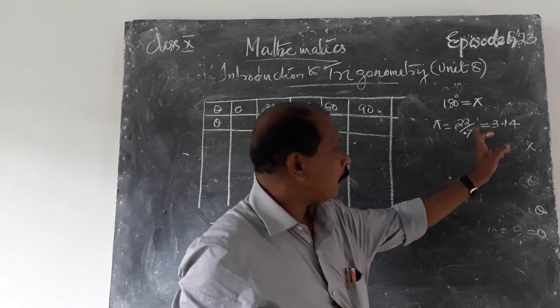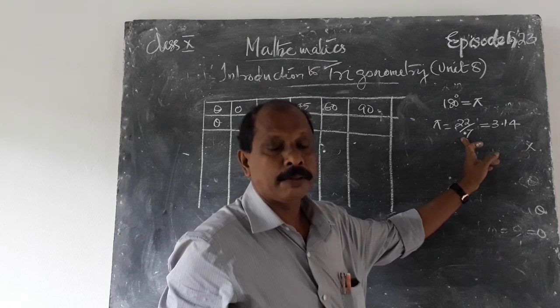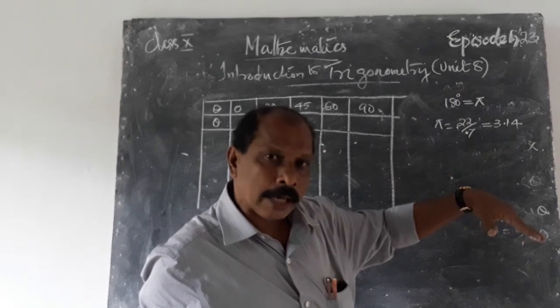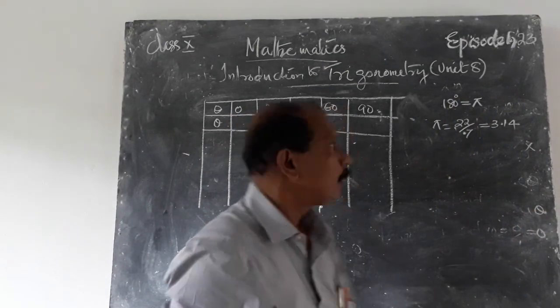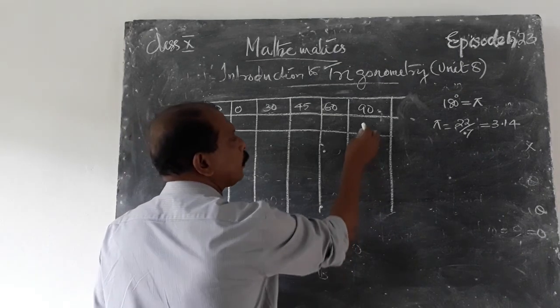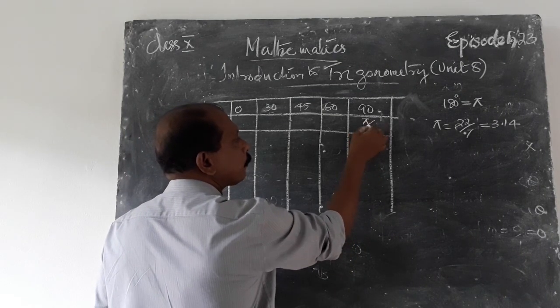Similarly, the linear value of pi is 22 by 7 or approximately 3.14, and the angular value of pi is 180 degrees. Therefore, what is pi by 2? 90 degrees.